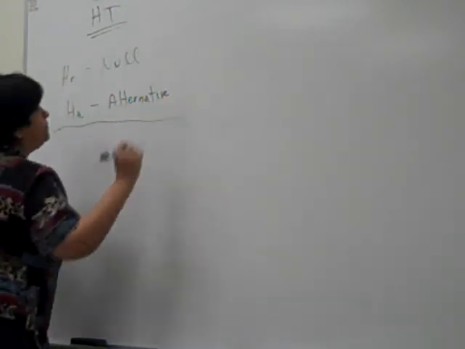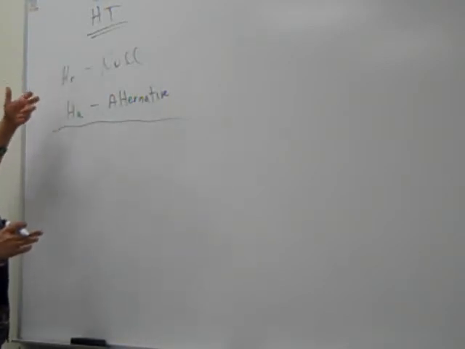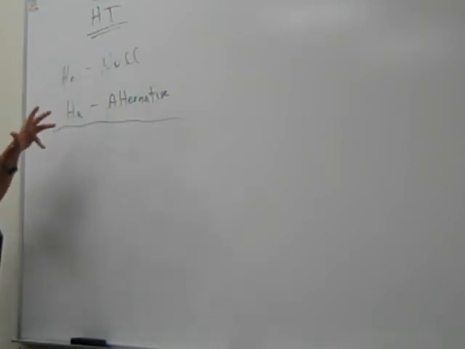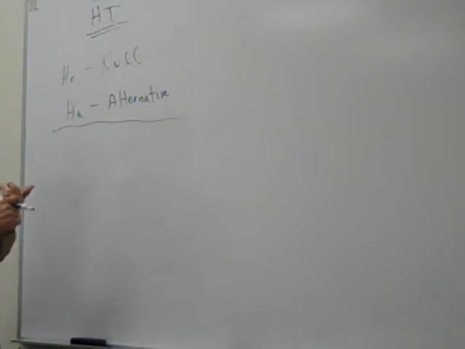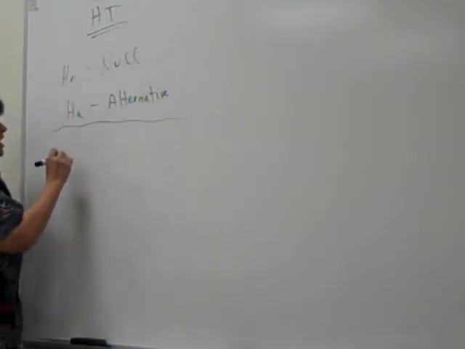The null sets some hypothesis and the alternative is completely opposite to it. In hypothesis testing, we may have three types of hypotheses, and that's it.